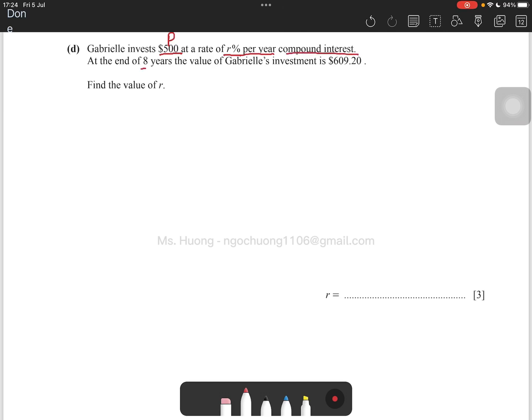At the end of 8 years, the value of the investment is $609.20, and we need to find the value of R. You know that in compound interest, the formula for the total amount is P multiplied by 1 plus R to the power of T. In this case, the interest rate is per year and the time is also in years, so we don't need to convert the time anymore.